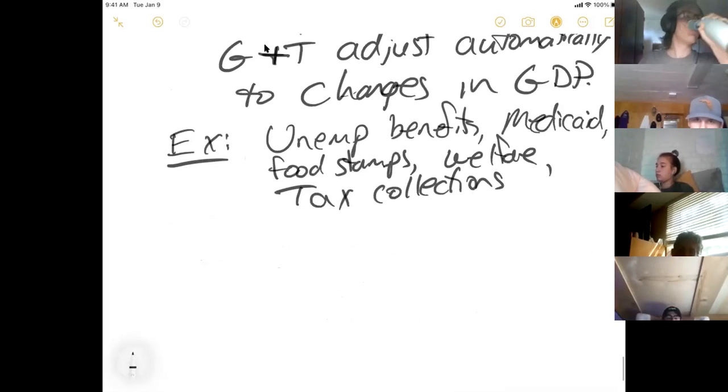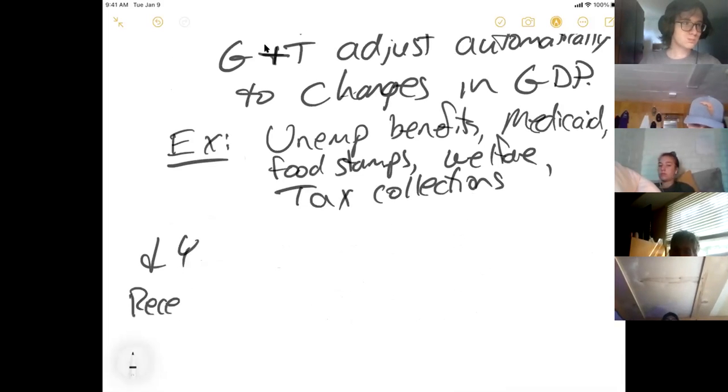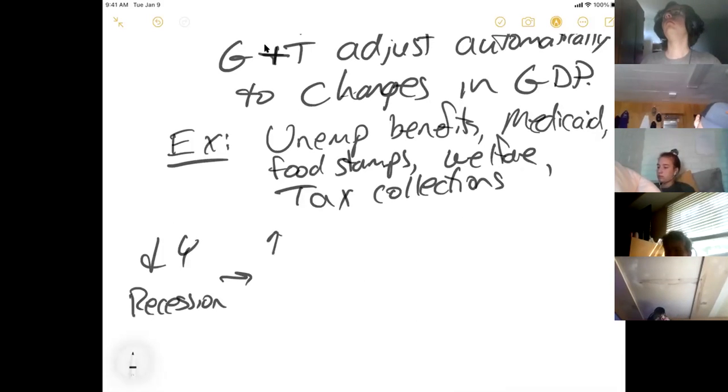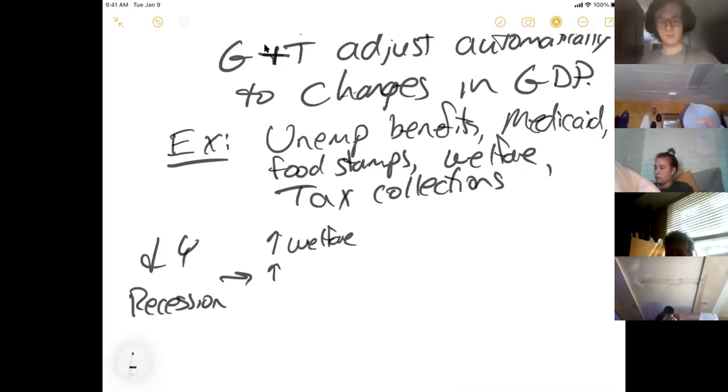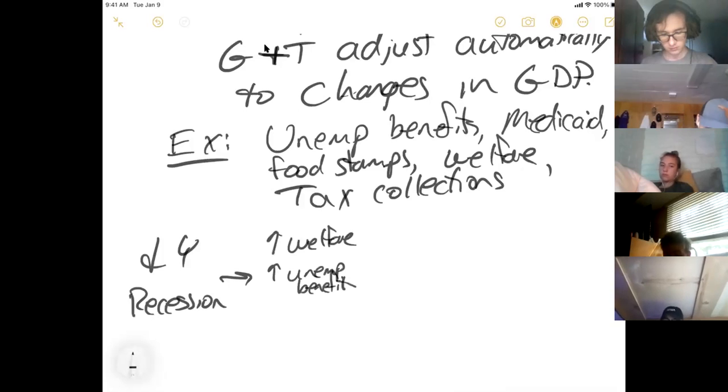Okay, so think about a situation where output falls and we go into a recession. What happens automatically? More people qualify for welfare. More people get unemployment benefits. More people qualify for food stamps.